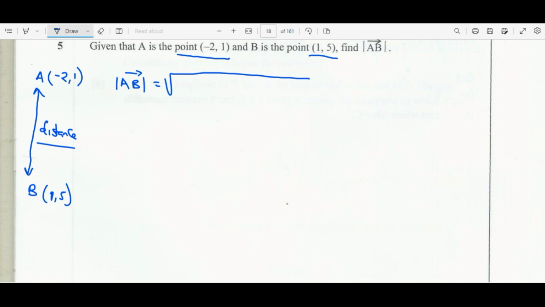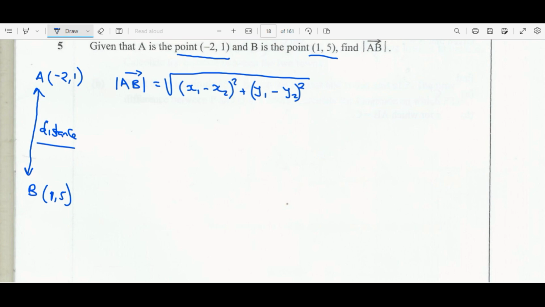So we are saying open bracket x1 minus x2 and then squared, plus y1 minus y2 in brackets and then squared.